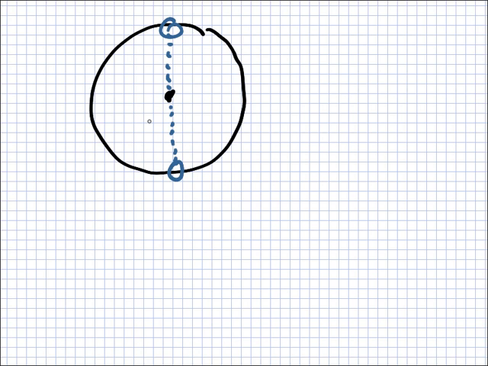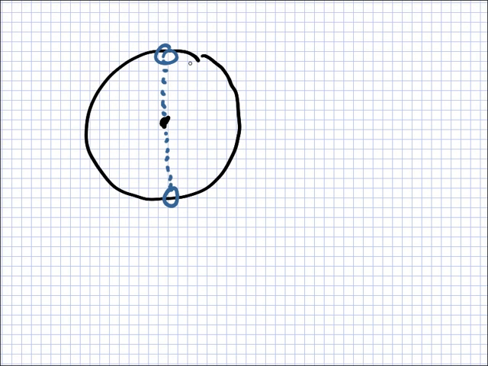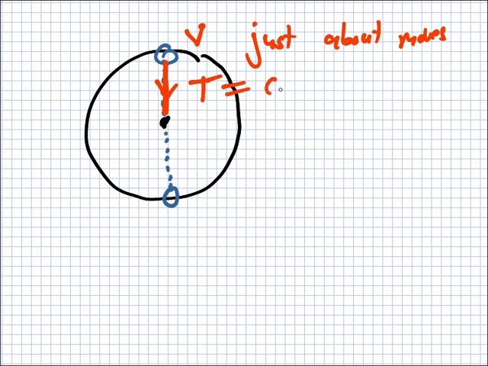They want to know what the V is here, so that it just about moves. Just about means the tension is equal to 0 newtons.